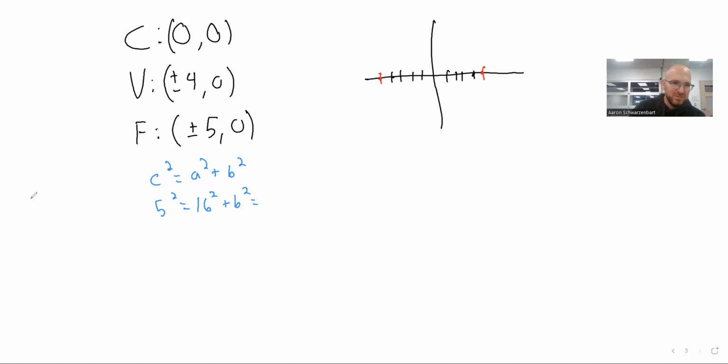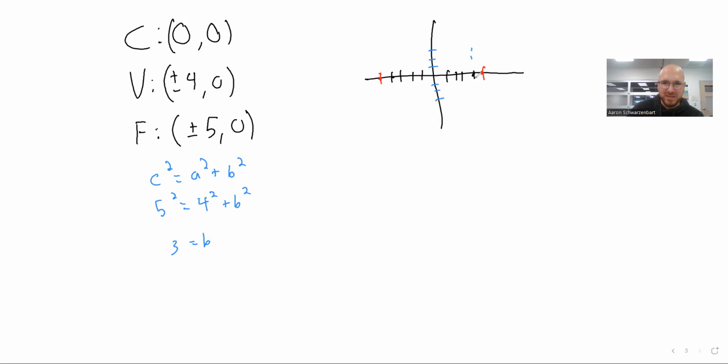And so b squared, when I solve this, is going to be 9. That's not 16 squared. It's 4 squared, which is 16. That would be much more sensible. B is 3.